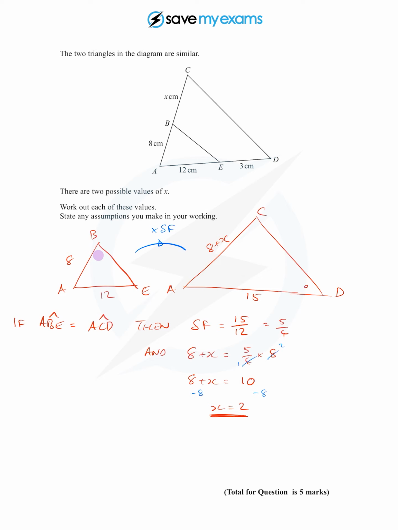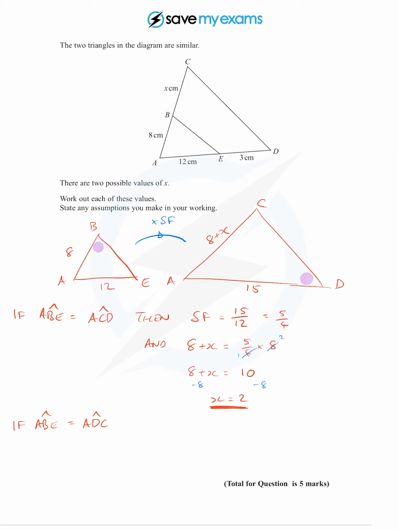But if that second triangle is in fact the other way up, as it were, then ABE would be equal to ADC. And they would be similar in that respect. So I can now say if ABE is equal not to ACD but to ADC, so the two blobs that are now marked are equal. And now we set off and do a similar thing.